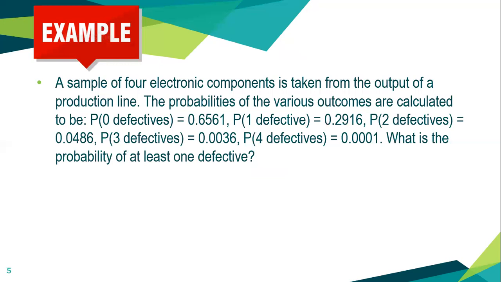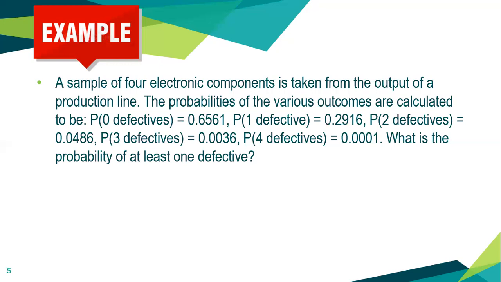Probability na isa ang defective is 0.2916. Probability of 2 defectives is 0.0486. Probability of tatlo naman yung defective is 0.0036. And kapag 4 naman ang defective, ang probability ay 0.0001.